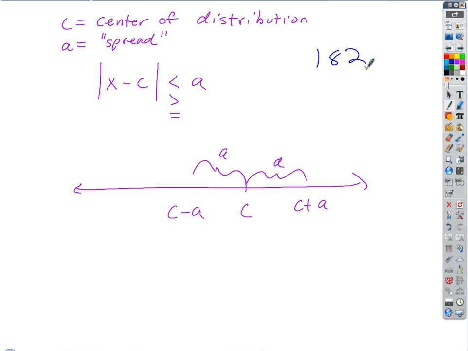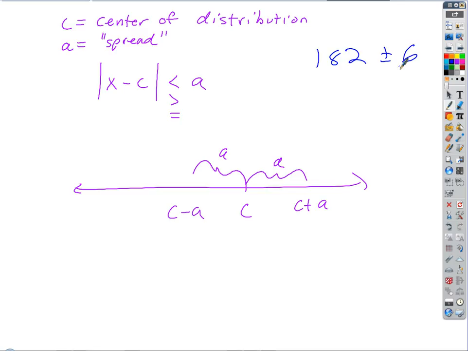Okay, but there's some variation there. It's plus or minus 6 grapes. Could I model that, if X is the number of grapes in a 5-pound bag, could I model that situation with an absolute value inequality?